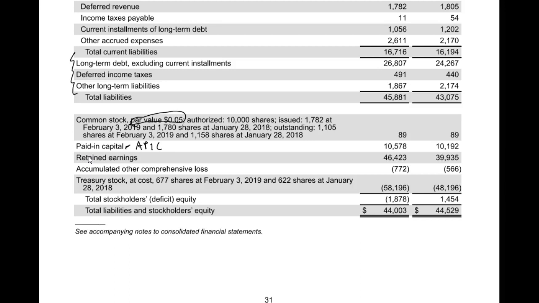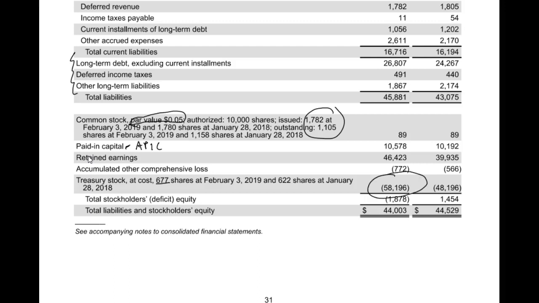It tells you how many shares are issued and outstanding, and that's important because the difference between issued and outstanding should match the number of treasury shares here. If you take the 1782 and these two numbers right here, the difference between those, I believe, is 677. I think that works out, which would reflect the number of treasury shares. Once again, the difference between issued and outstanding is the number of treasury shares.